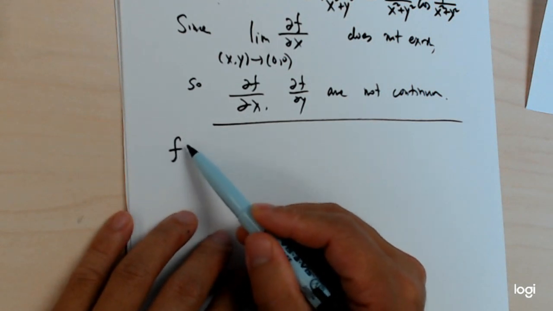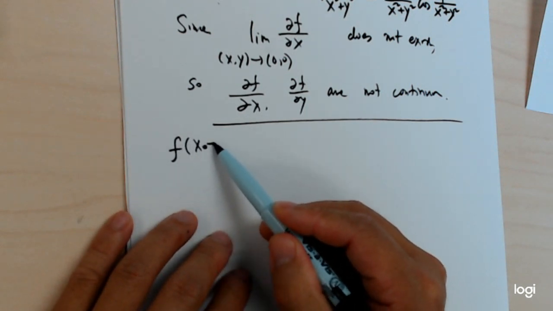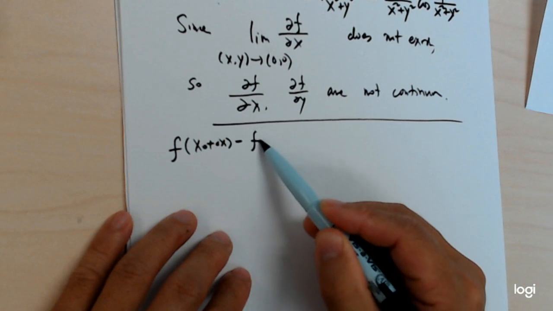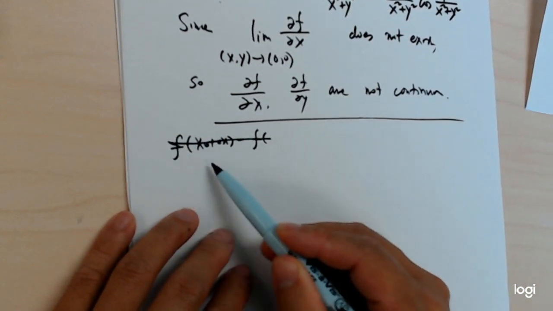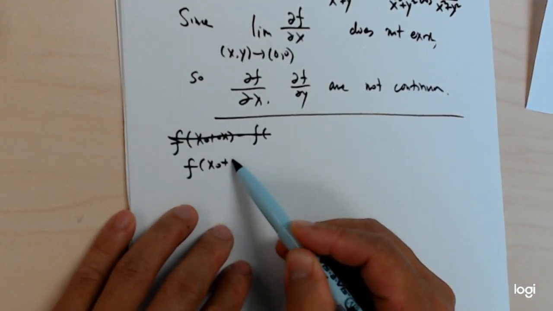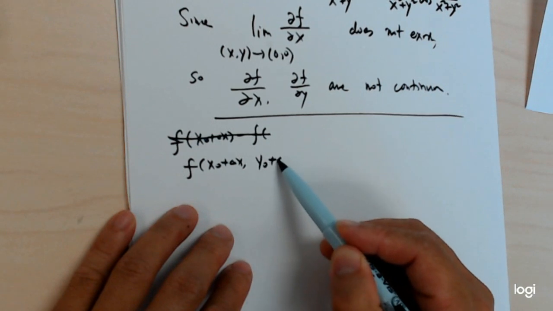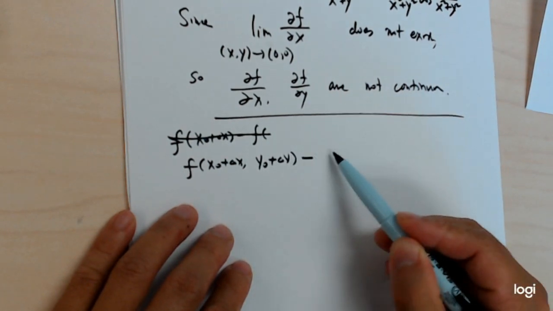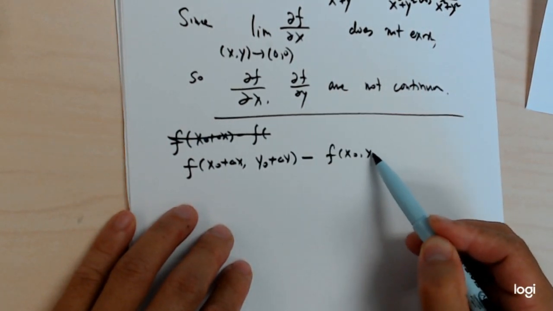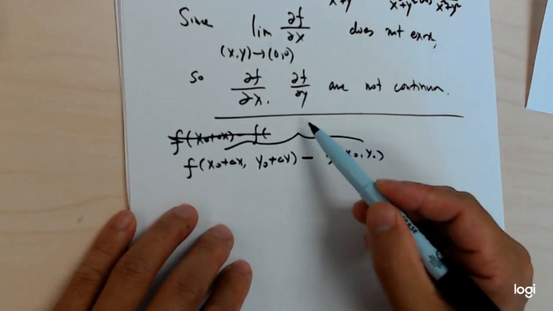Remember this: f of x naught plus delta x, sorry, that's not right. f of x naught plus delta x, y naught plus delta y. We're supposed to calculate this and subtract what? f of x naught, y naught. That's like the change in the function's value.